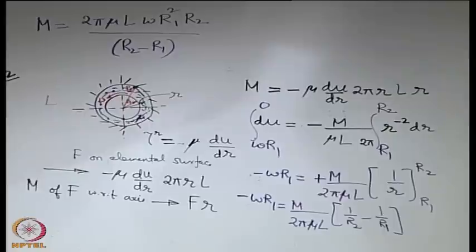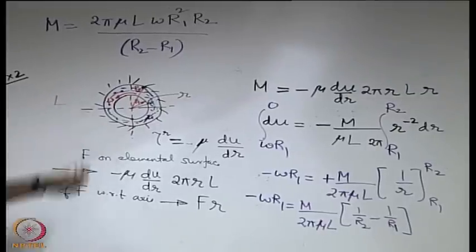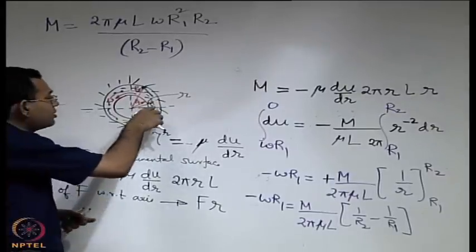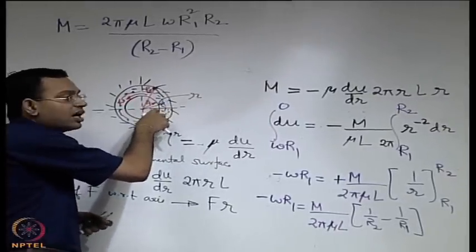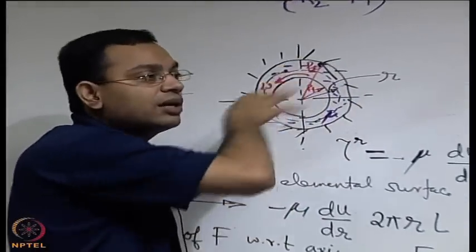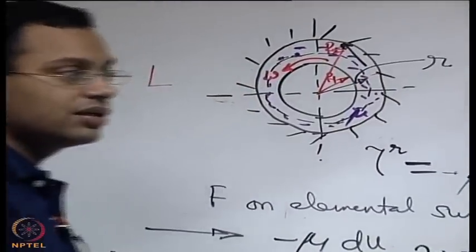So if a linear velocity profile is taken, that is the velocity varies from omega into r1 inside to 0 outside in a linear manner. If the gap is thin, then that is valid.